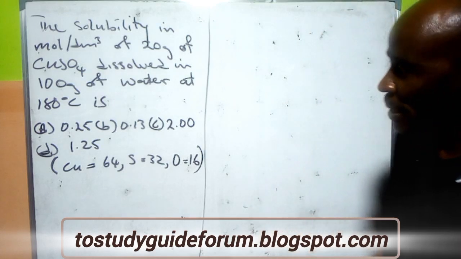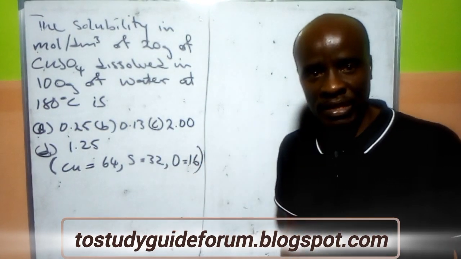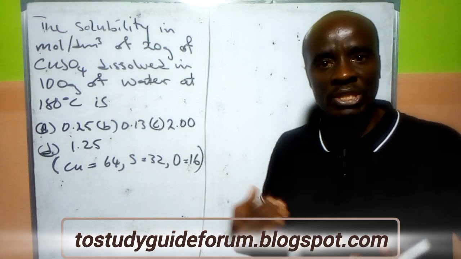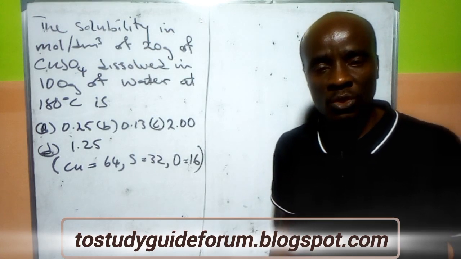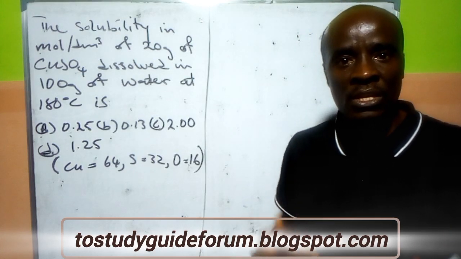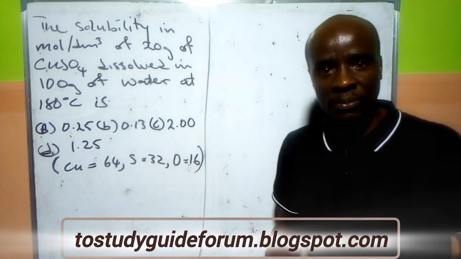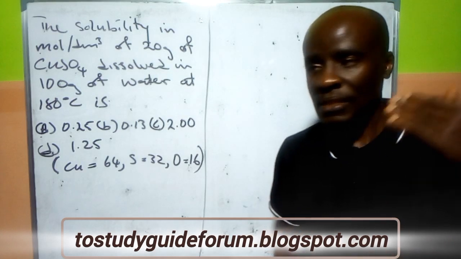So when a particular amount dissolves in 1 dm cube of a solvent, that is the solubility of that solute at that temperature.